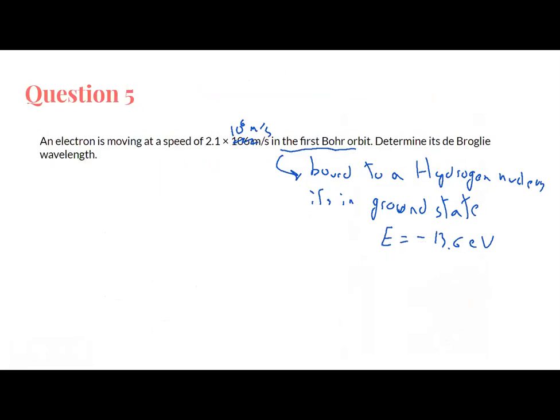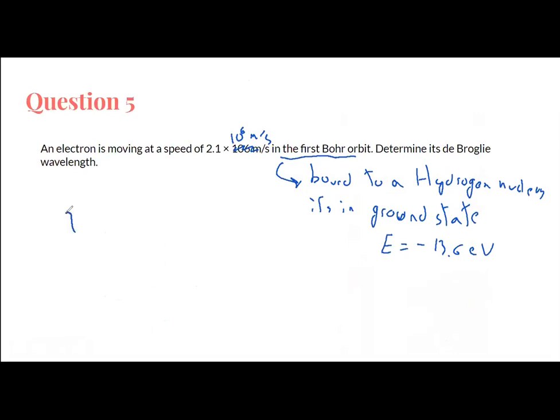Okay, but we were just asked to find the de Broglie wavelength in this case, which relates to its momentum. This is from chapter 40. The de Broglie wavelength is the Planck constant divided by the momentum of the electron.